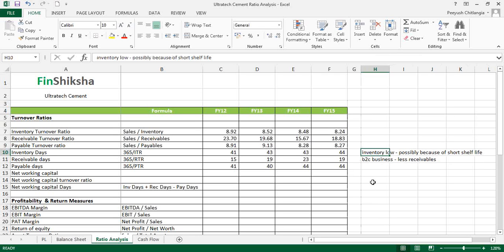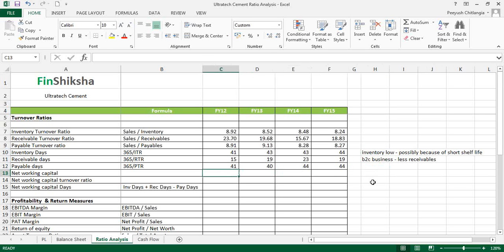If you think about it logically, you can't really store cement for more than 3-4 months. It starts giving away in terms of the quality. So cement is typically consumed immediately or within the next month and a half of production. So that's the net amount of inventory that they carry in terms of their total numbers, right?